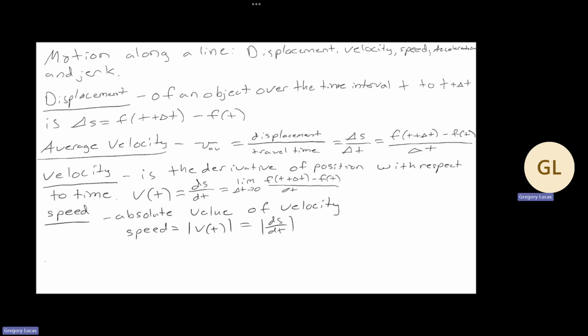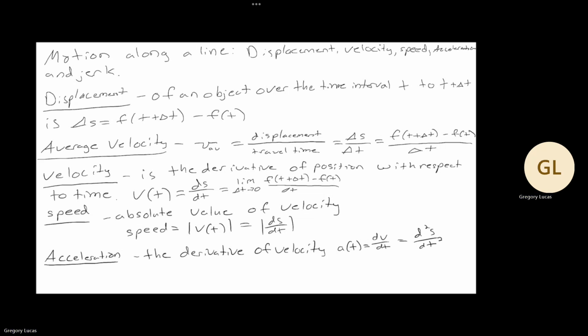Okay? Next, we have acceleration. Acceleration is the derivative of velocity. Okay? So that means we have a of t is equal to dv dt, which is also then simply the second derivative of displacement with respect to time. Okay? Then lastly, we have jerk.